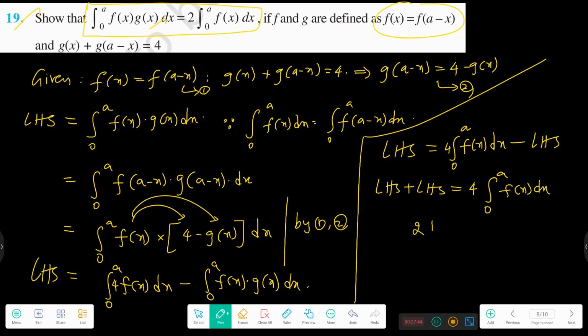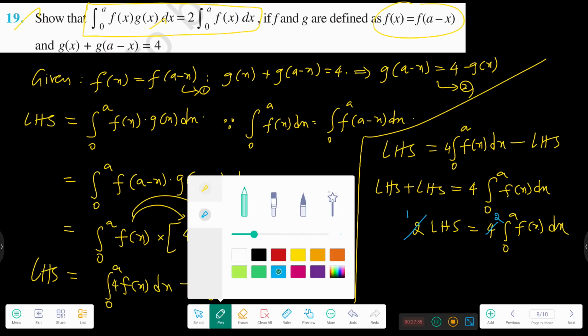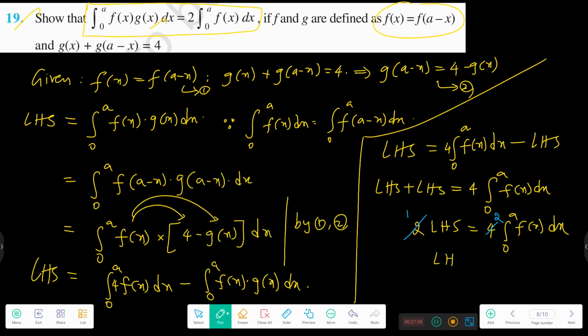Left hand side we have twice, so 2 times left hand side is equal to 4 times integral 0 to a f of x into dx. You can cancel now, 2 twos are 2. So left hand side is equal to 2 times integral 0 to a f of x into dx, which is what we have in the right hand side. Therefore, left hand side is equal to right hand side. This is what they asked to prove. So we have proved it. Have you understood, ma?